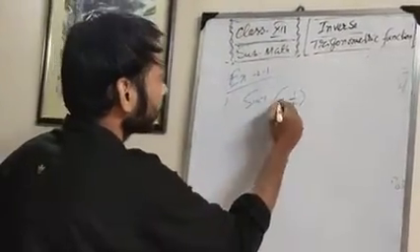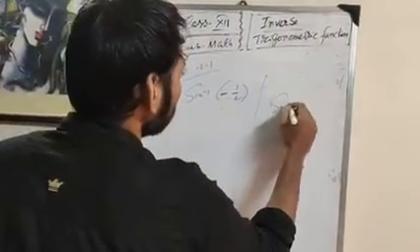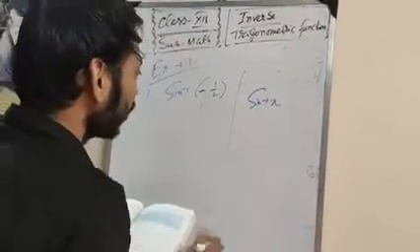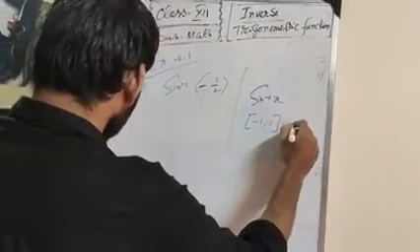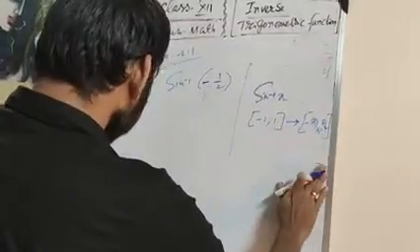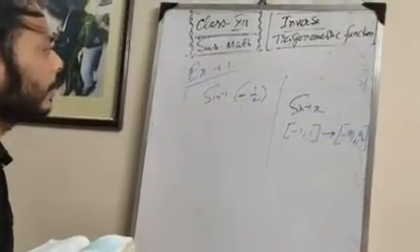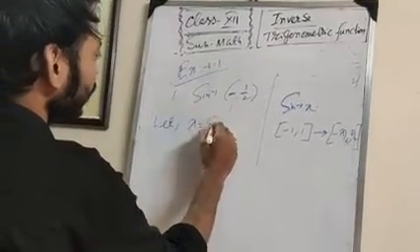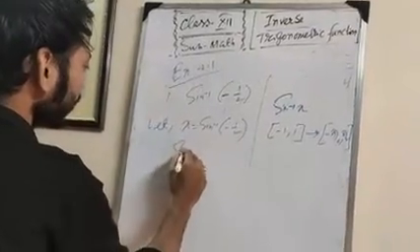You know that for sine inverse x, as I have written earlier, it is defined from minus 1 to 1 to the interval minus pi by 2 to pi by 2 for the principal values. Now you have to find the principal value of sine inverse minus half. So let us consider x equals sine inverse minus half. That means sine x equals minus half.